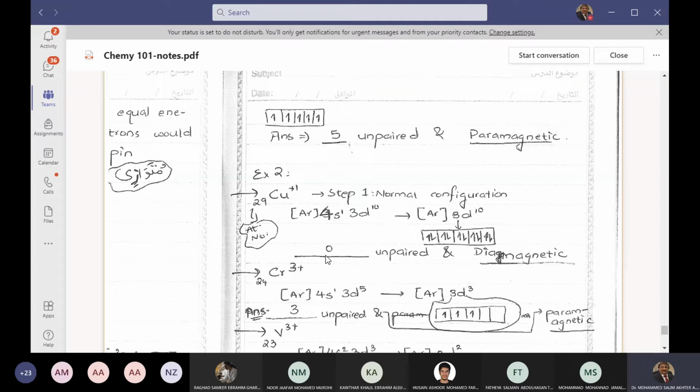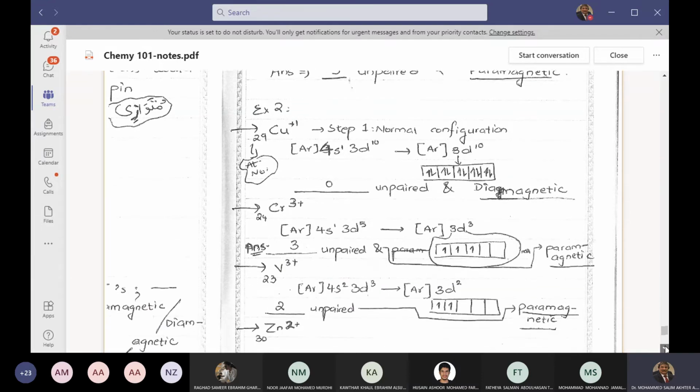I don't have any unpaired electron, so it is diamagnetic. So many examples I'll give you.